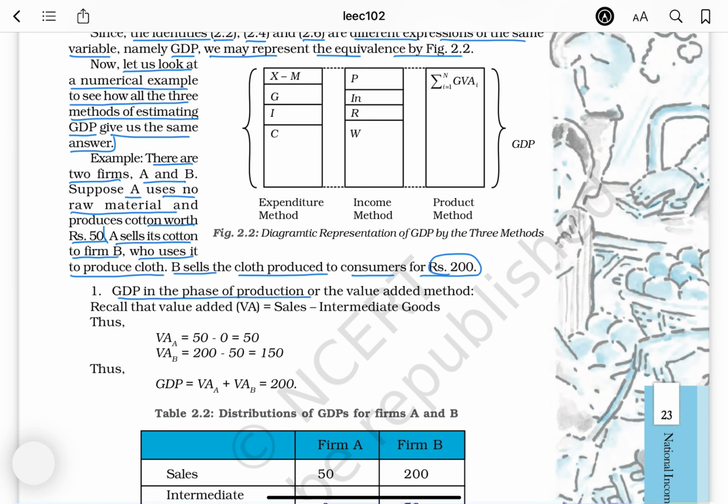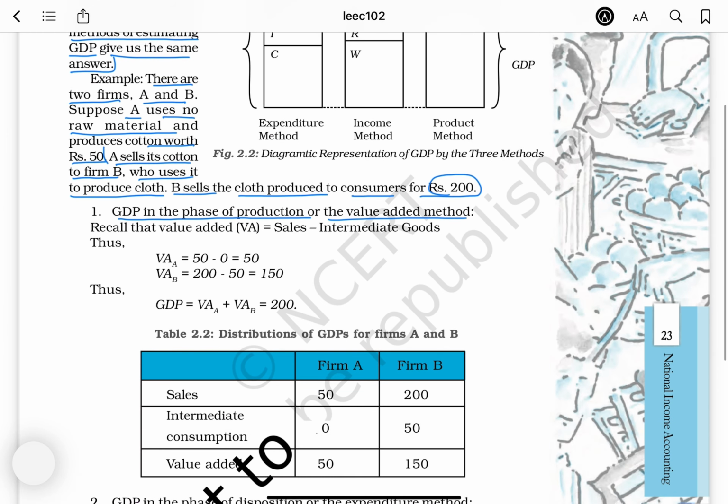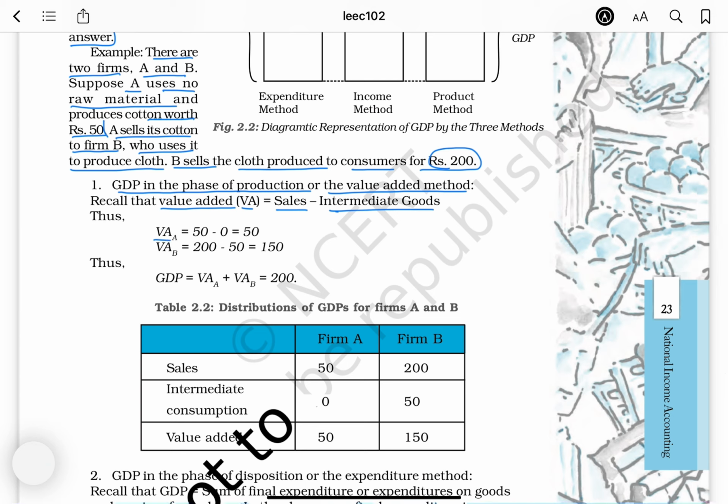GDP in the phase of production, or the value added method. Recall that value added equals sales minus intermediate goods. VA of A equals 50 minus 0 equals 50. VA of B equals 200 minus 50 equals 150.